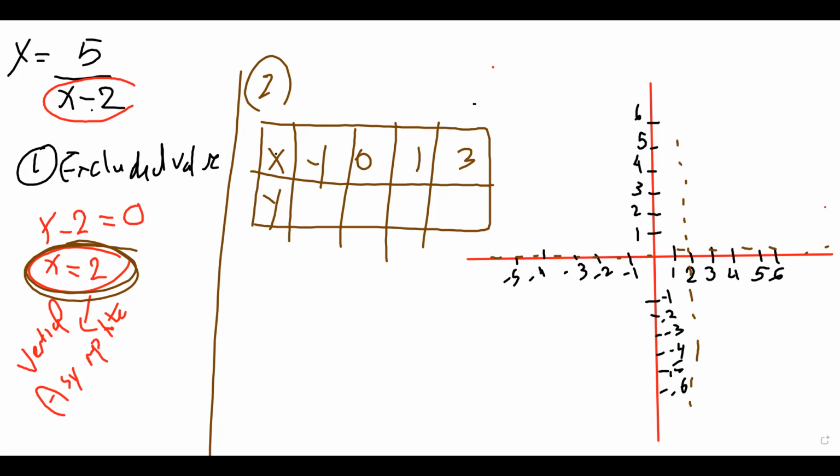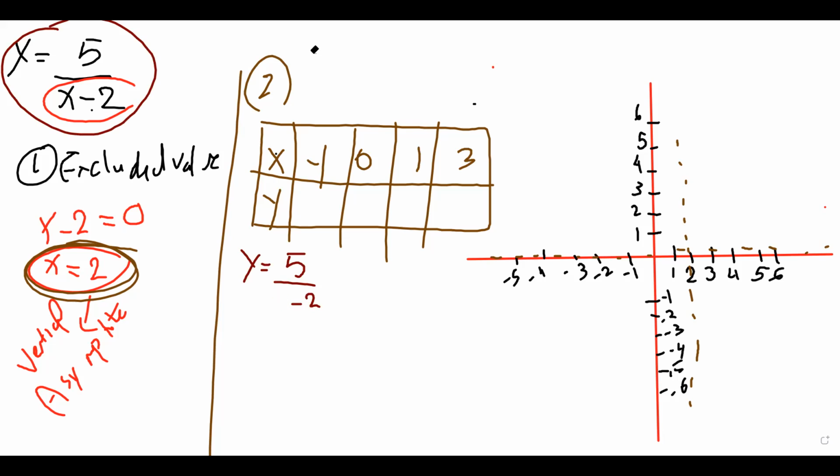When x is negative 1, let's bring our function here. This is my function, y equals 5 over x minus 2. But now I have to evaluate x with negative 1.